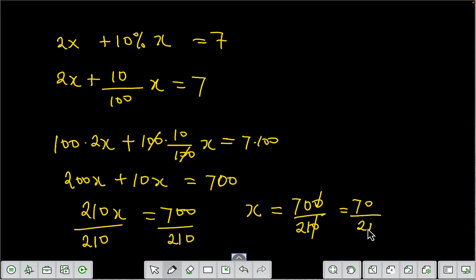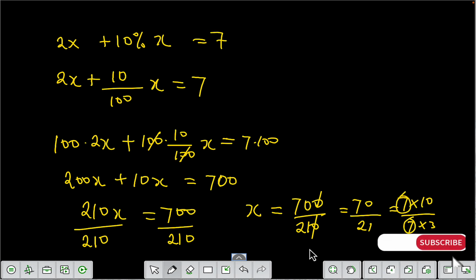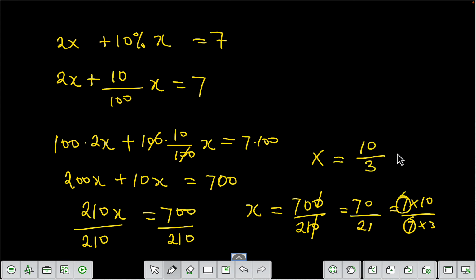You know 7 can go into 21, so you can as well express this as 7 times 10 over 7 times 3. This cancels that, so our x will be equal to 10 over 3, right, which is the same as 3 whole number 1 over 3.